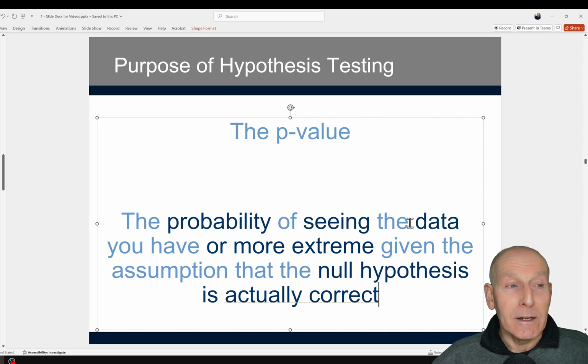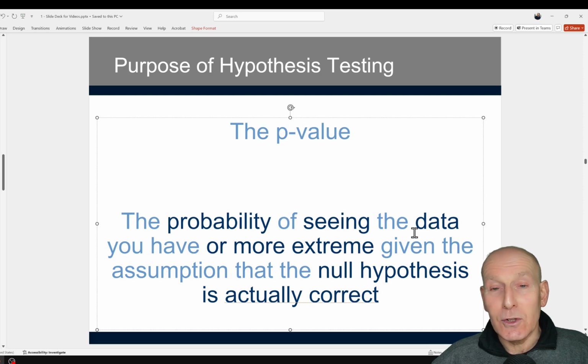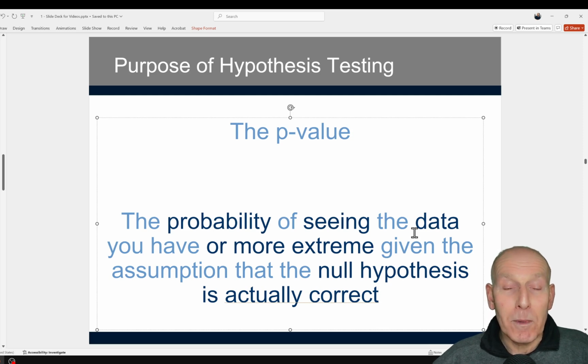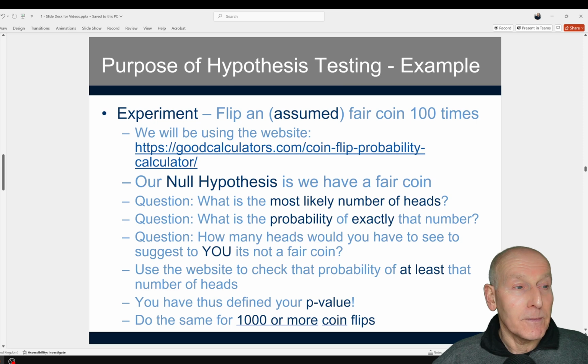And then we need some data, and that data is going to be a result of the experiment of flipping the coin 100 times and the number of heads you actually get in that experiment. So the question is, if it's a fair coin, what would be the number of heads you would expect to see if you flipped the coin 100 times?